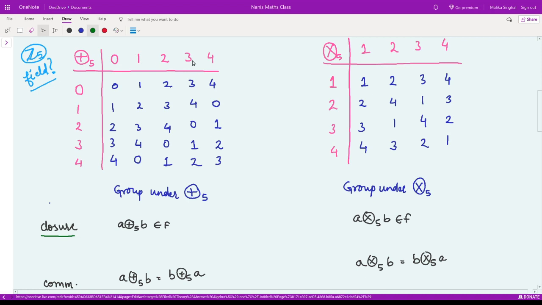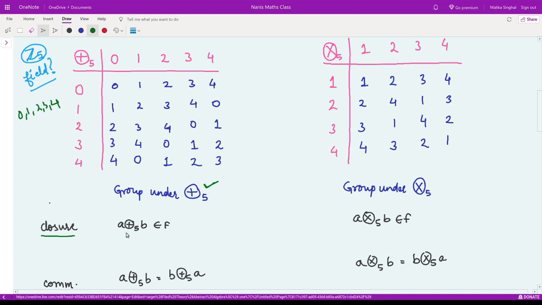This is very simple. For the closure property, we take any two elements from the given set, apply this binary operation, addition modulo 5, and then see whether the answer, the remainder, is again in the set. That means it should be one among 0, 1, 2, 3 and 4. From a quick look at this table, every number here is of the form 0, 1, 2, 3 and 4.